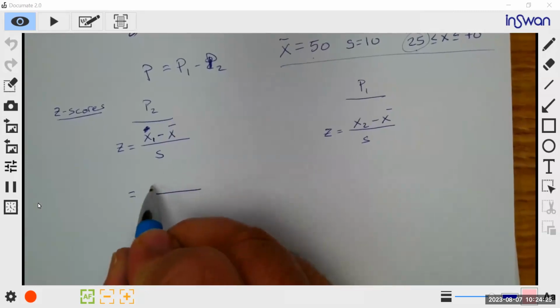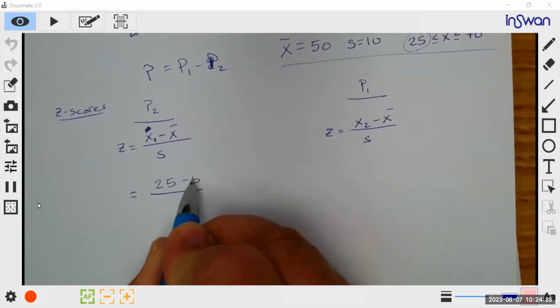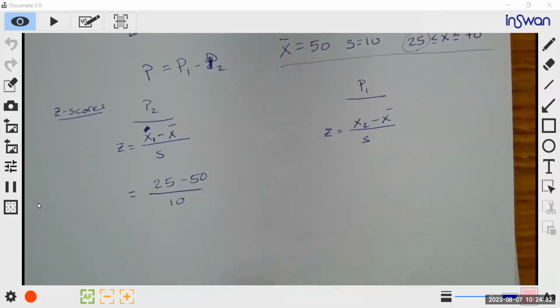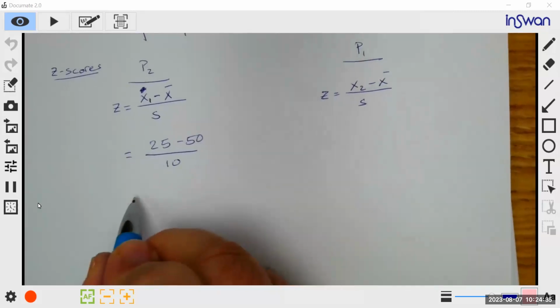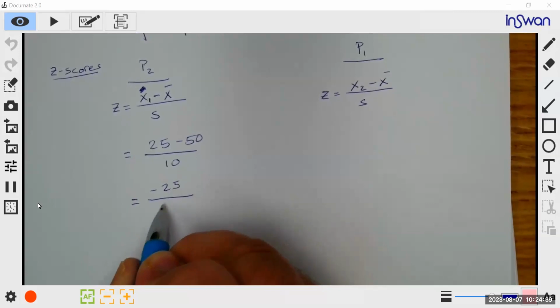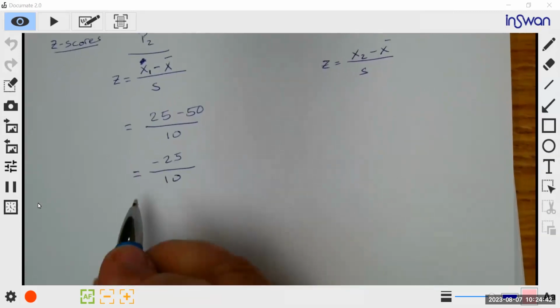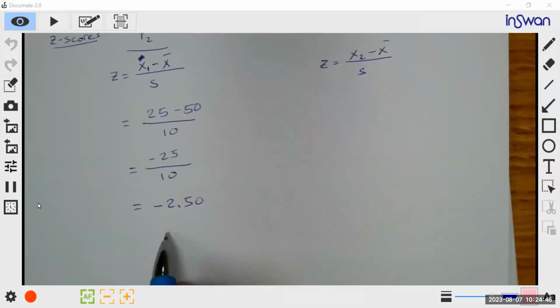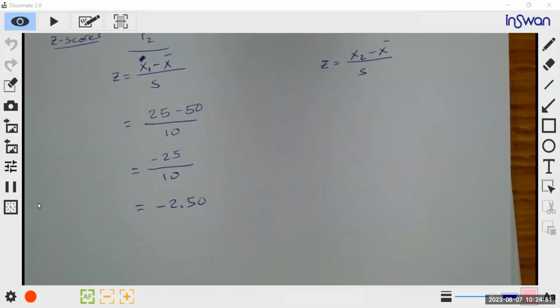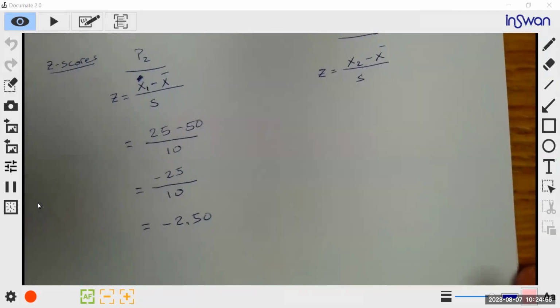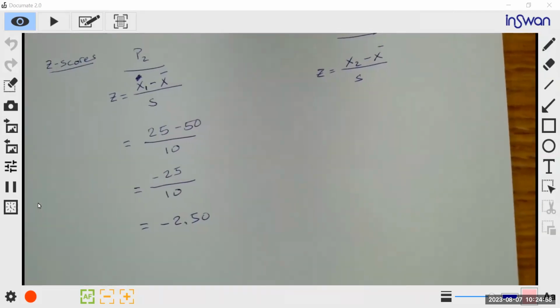We got 25 minus 50 over 10. So it's negative 25 over 10, which makes it negative 2.50. This tells me that my 25 is to the left of the mean. Remember, it's not an assumption, it tells us exactly where it's situated.